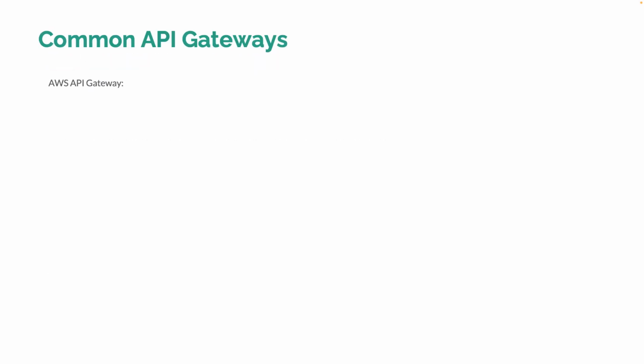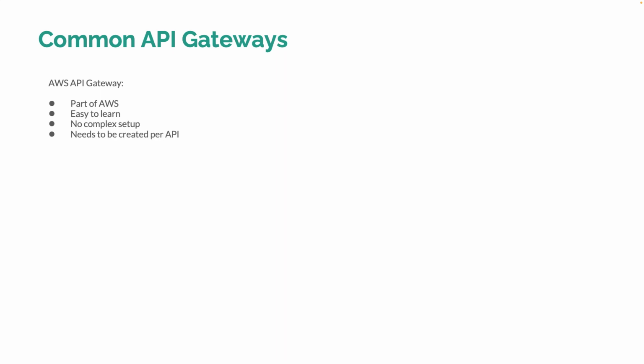So what are the common API Gateway tools? As I said, AWS has a service called AWS API Gateway, which is a managed service and is already there in AWS. It's very easy to learn, and there is no complex setup required. You can choose to write a script using CloudFormation, or you can just use the AWS console to create your APIs.